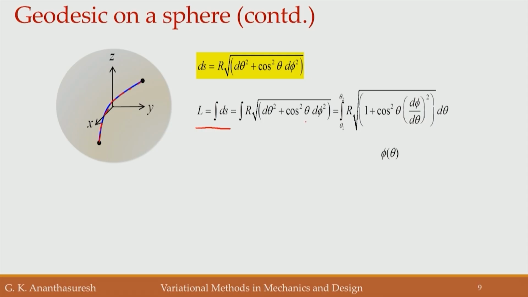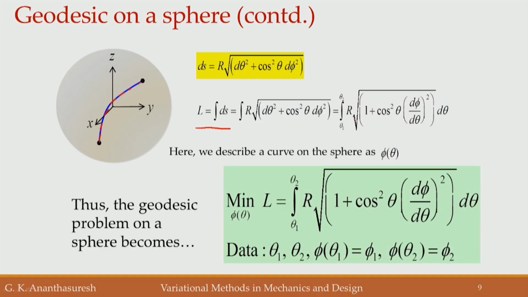That basically means that if I take here d theta square plus cosine square theta d phi square, we divide by d theta and take it out, or rather d theta is taken out, that gives you 1 plus cosine square theta times d phi by d theta squared, okay, and this will be the length of the curve there.